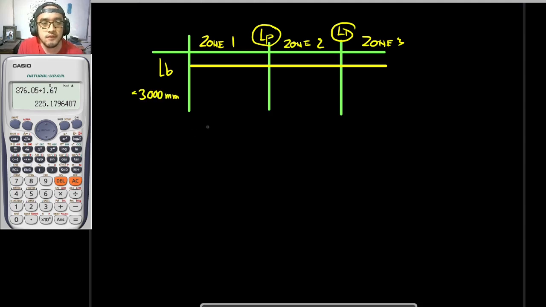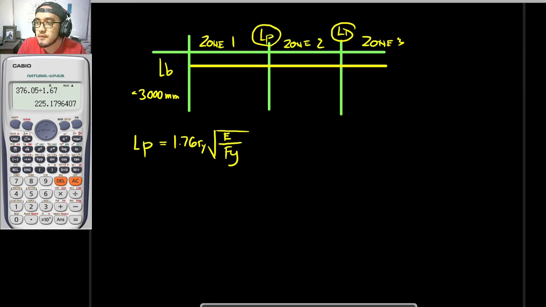As for the value of your LP, LP is equal to 1.76 RY times the square root of E over Fy.